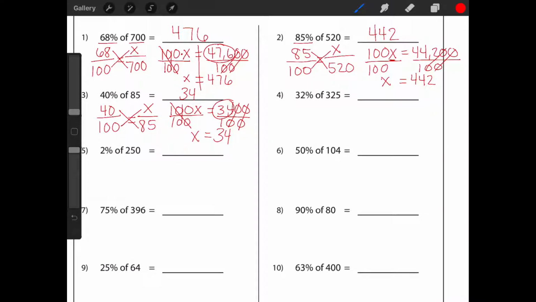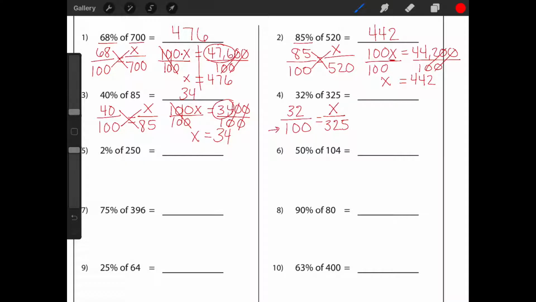Question number 4, we've got 32% of 325. So 32% written as a fraction, we're setting up this proportional relationship, is going to be equal to some amount out of 325. So we can use a word example.